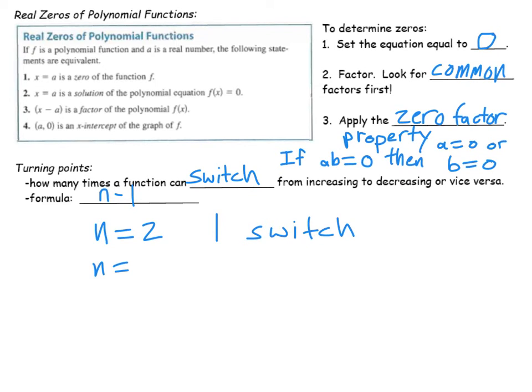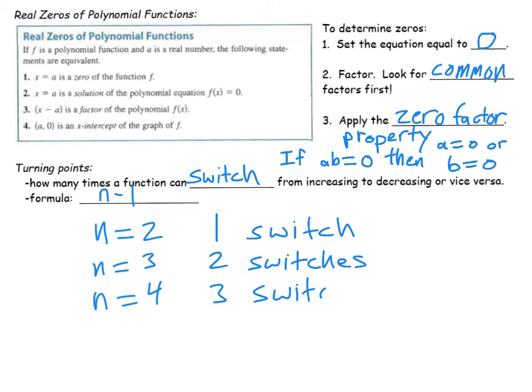You'll see this pattern continue, that if you have a third degree, it's a weird way to say it. 2 switches, probably better to say that it could switch twice, but whatever. You get the idea. And if you had a fourth degree, it could switch from being an increasing function to a decreasing, right?